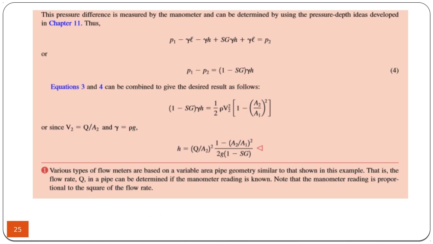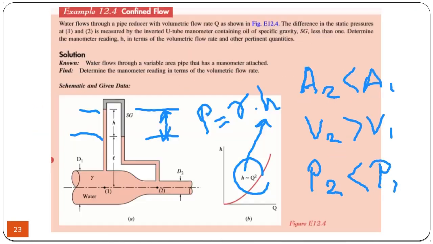Besides, we can also write the pressure difference between this point and this point. Remember that in manometers, when you go up, you take the sign to be minus. When you go down, you take the sign to be plus.